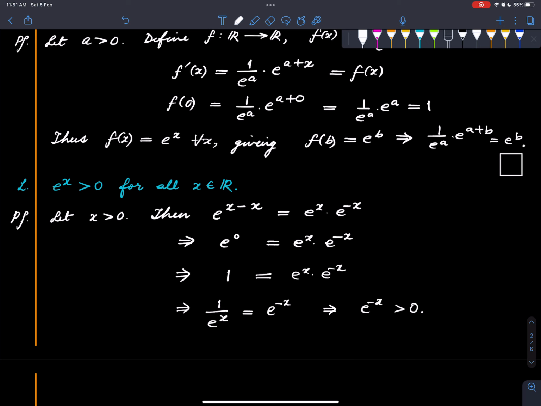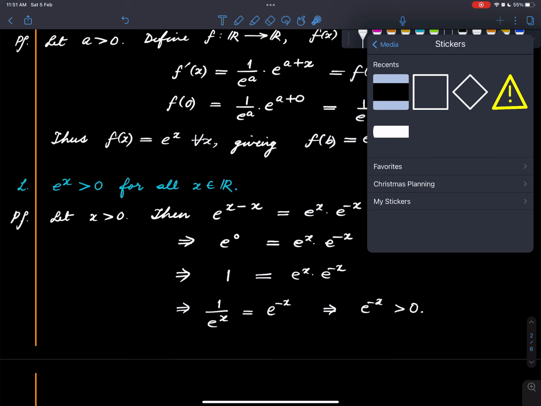Because this we know is positive, x is a positive real number, so this is positive, and therefore this lemma is proven.